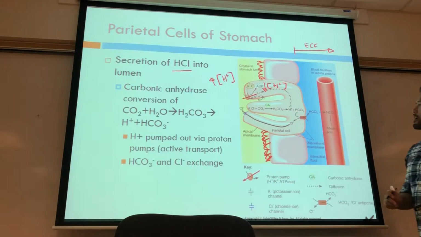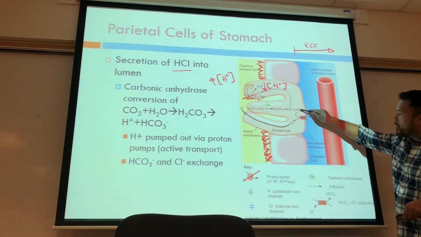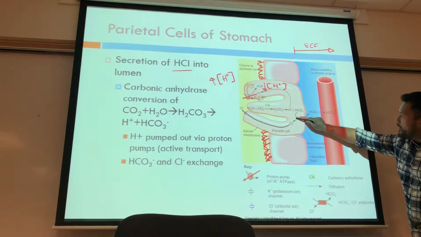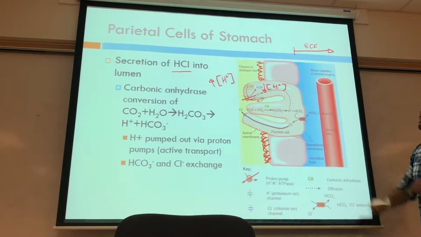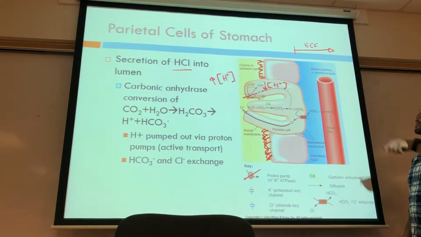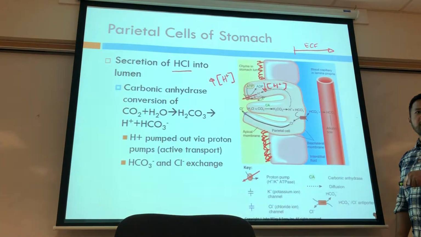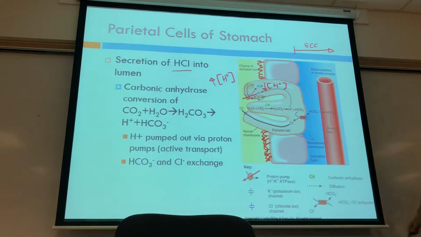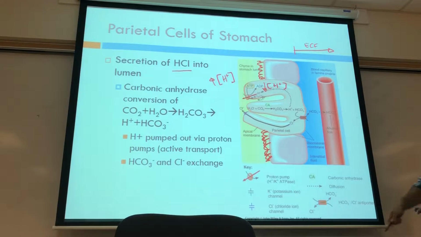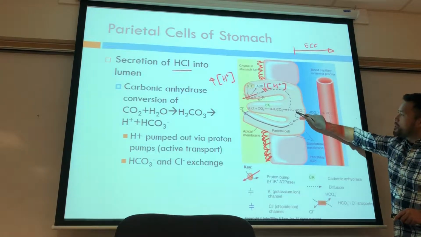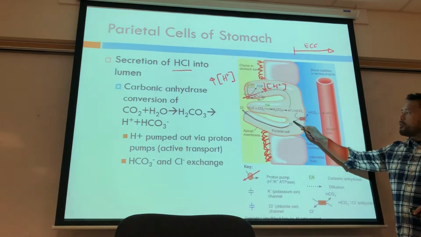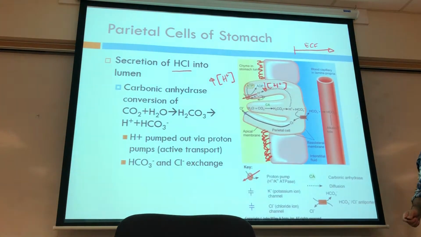Now, where do we get that bicarbonate? That bicarbonate that split off the carbonic acid will then shift out of the cell. It will diffuse from a high concentration over to a low concentration. And given that we're moving down the diffusion gradient, we're not using ATP. So here we're going to end up using what's called an antiporter. An antiporter pushes that negative ion out and pulls chloride in from the extracellular environment.